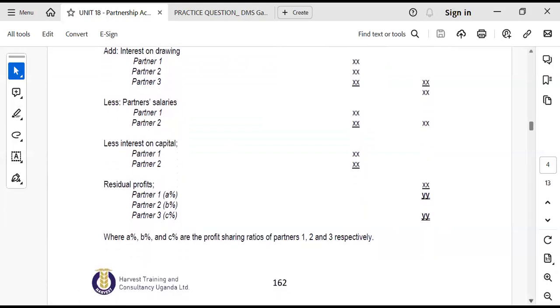And then after that, we will be able to get the residual profits. So that's like the typical net profits. Those typical net profits are what you're going to now allocate to the partners according to their profit sharing ratios.